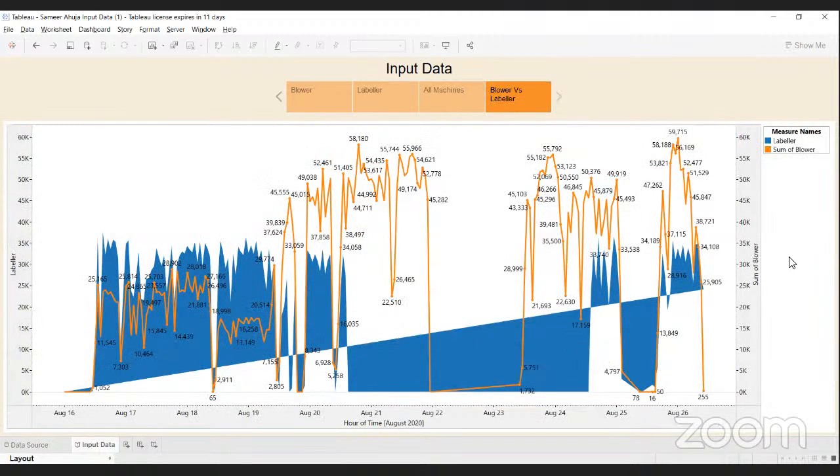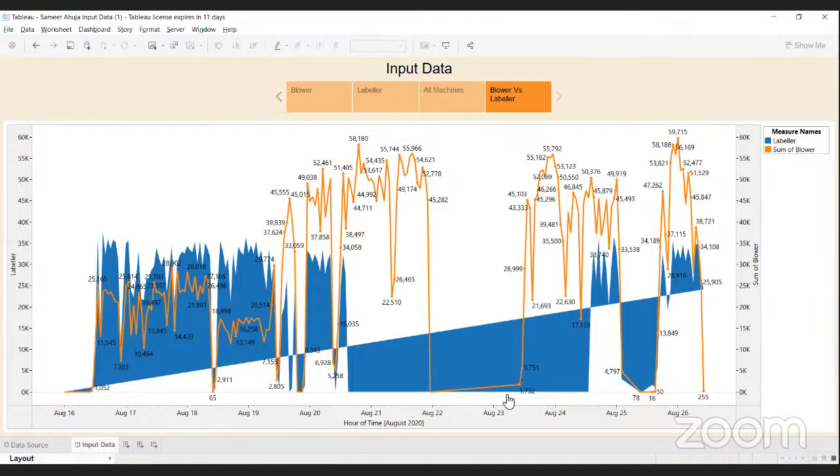This is a dashboard where we have compared the input data, blower versus labeler. You can see this is the labeler performance, where we have more stoppages compared to the blower. These are all interactive dashboards where you can go and check what the reading of the blower was when the labeler was not working.